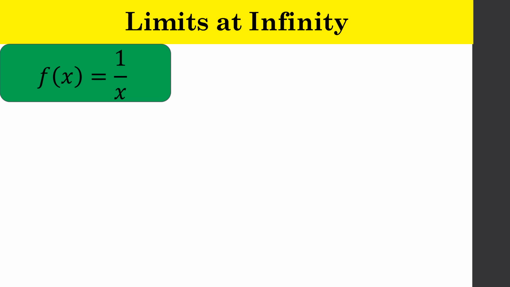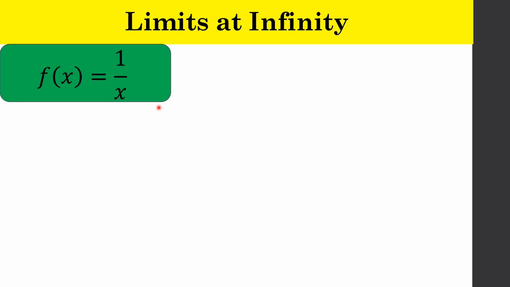Kanina sa infinite limits, pinapakita doon na merong existence of vertical asymptotes. Dito sa limits at infinity, ginagamit ito para maipakita yung horizontal asymptotes. Pag-usapan natin later kung ano yung horizontal asymptote.